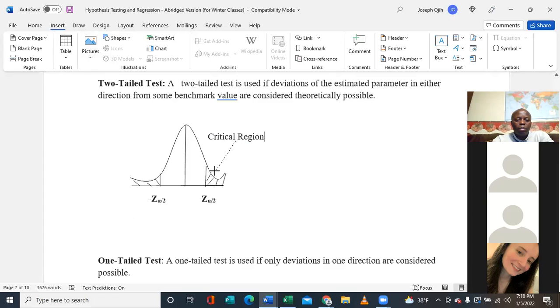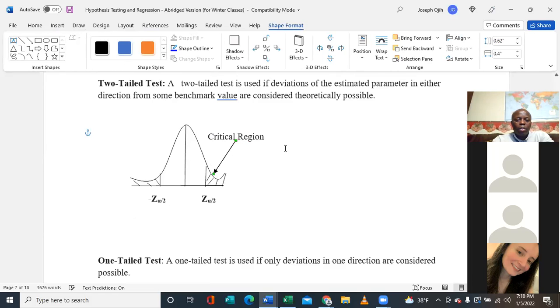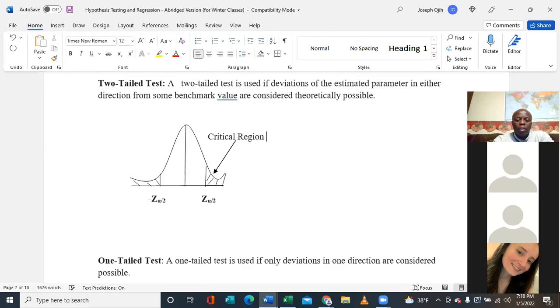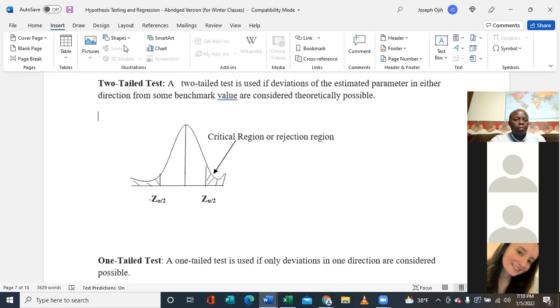If your answer falls in this critical region, you can also call it the rejection region.